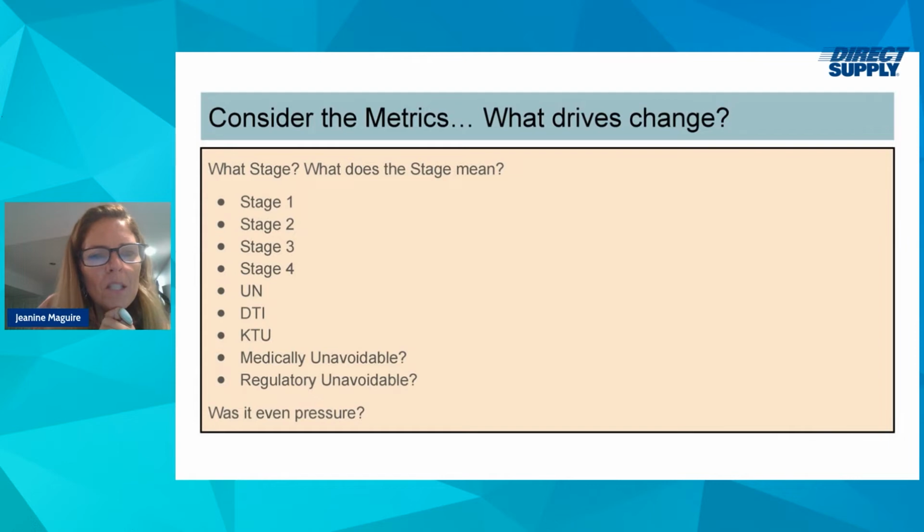However, when it comes to anything more than that, stage 3, stage 4, and even unstageable and DTI, this is where things get much more difficult. Generally, unless that person is actively dying, a stage 3 or 4 or unstageable is not happening in a few hours.